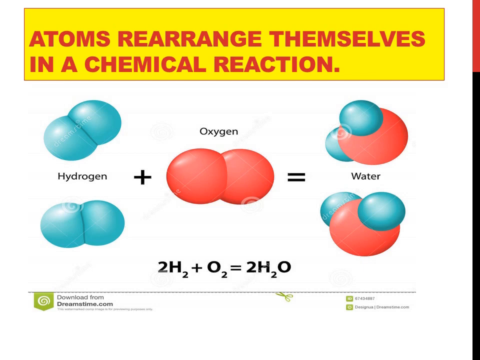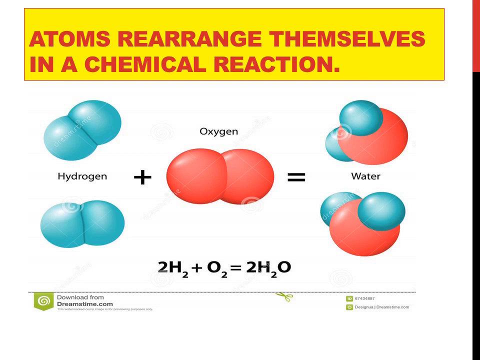Again, the atoms contained in the molecules of hydrogen and oxygen rearrange themselves. We will find that the number of atoms of each element remains the same even after the reaction. So the number of hydrogen atoms before the reaction was 4.